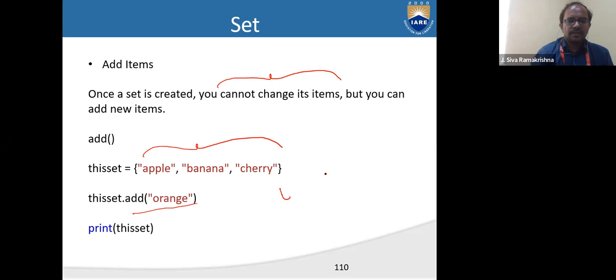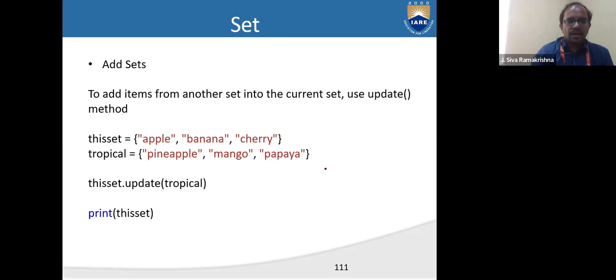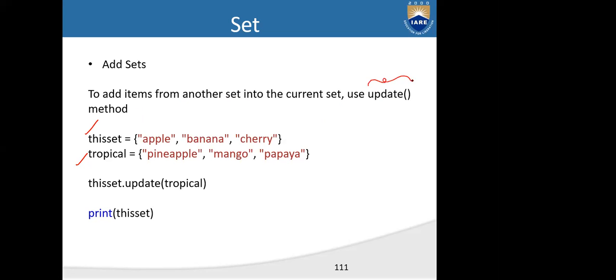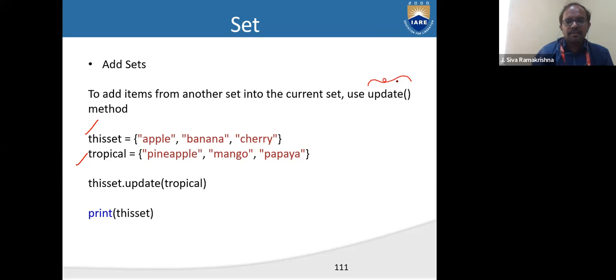Similarly, you can add sets. I am creating two sets. This set, tropical, is the other set. To add items from another set into the current set, we are going to use the method or function called update. Using update, you can add elements of one set into another set.